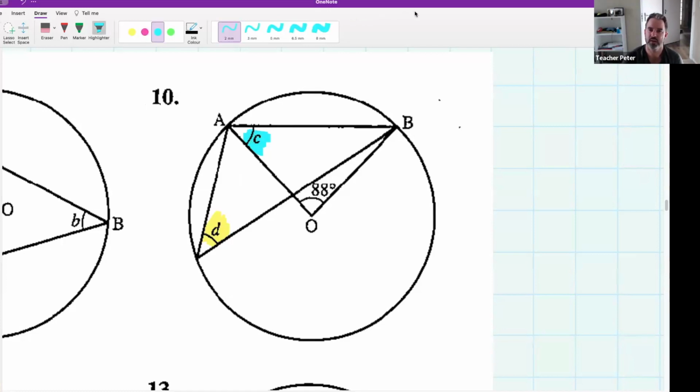I'll give you one extra hint to help. And that is that the arc that I'm focusing on, or the chord that I'm focusing on, is the AB.